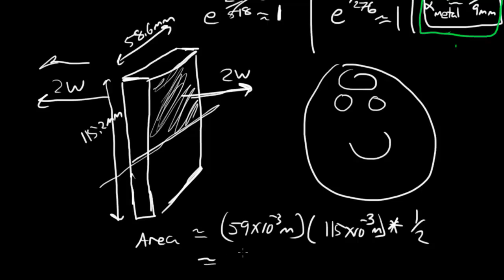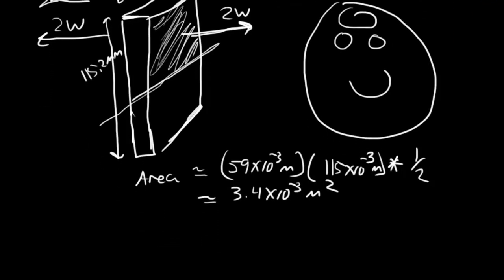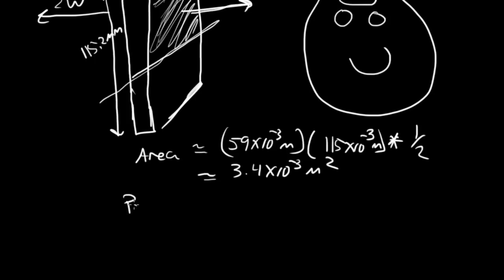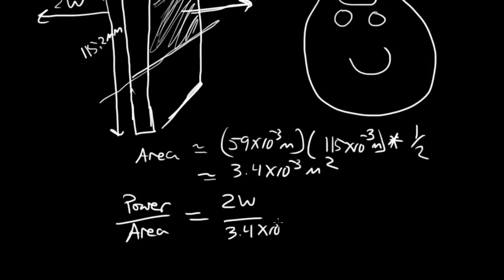Okay, and that's going to be approximately equal to 3.4 times 10 to the minus third meters squared. What's our power density? Well, it's just going to be power divided by area. That's going to be 2 watts divided by this 3.4 times 10 to the minus third meters squared, and that comes out to be approximately 588 watts per meter squared.